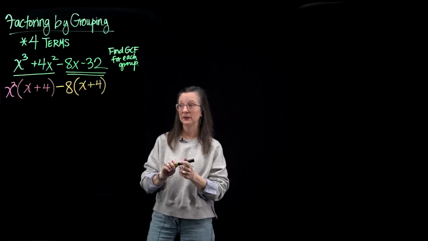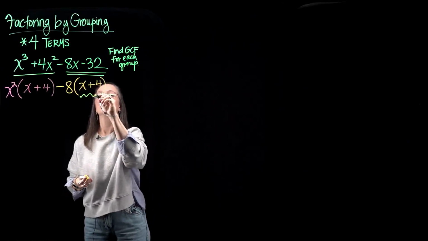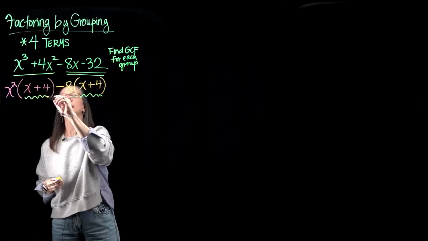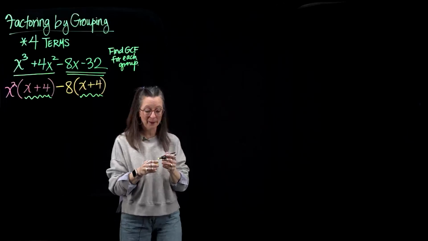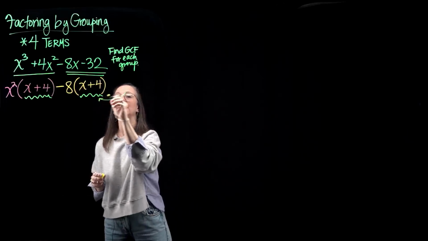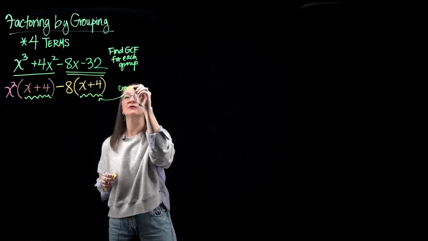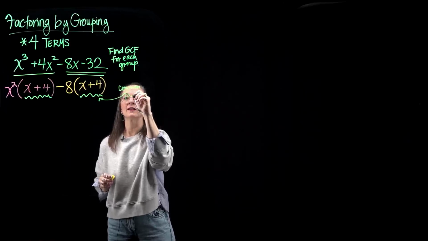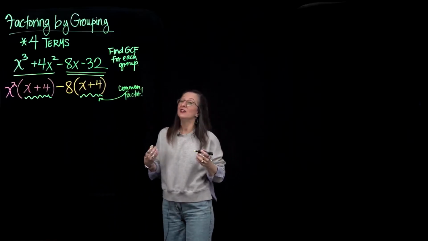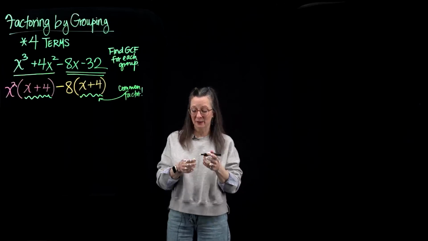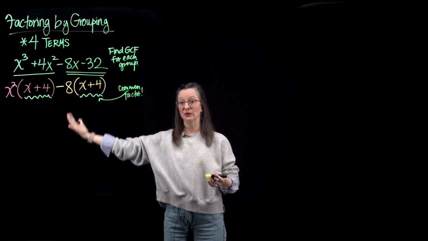Something amazing has happened. Each of these chunks that we have created has a common factor, and it is x plus 4. x plus 4 is now my new GCF to be factored out to the front.